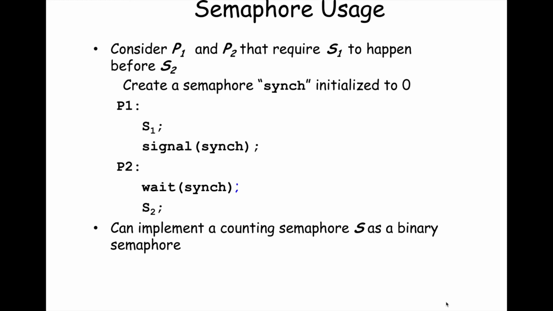Does that make sense? Any questions about this? So that's kind of nice. Using these semaphores, you can coordinate execution between processes to enforce a particular order of events, even though you have no idea which process physically runs first and which runs second. Okay? All right. Make sense? All right. So let's continue.